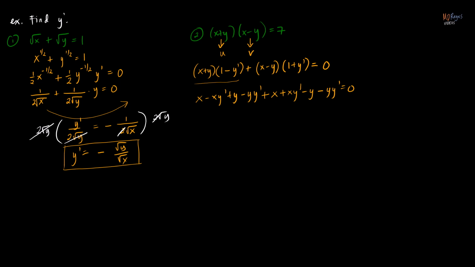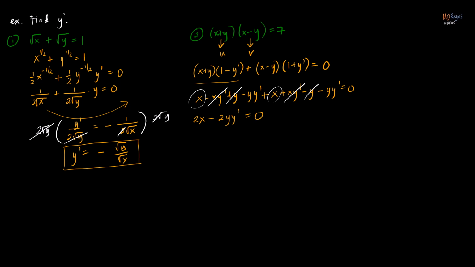Combining x and x, we'll have 2x. Combining negative x y prime plus x y prime, we'll have 0. And then y minus y will also give us a 0. Then negative y prime minus y prime will get minus 2 y prime equals 0.